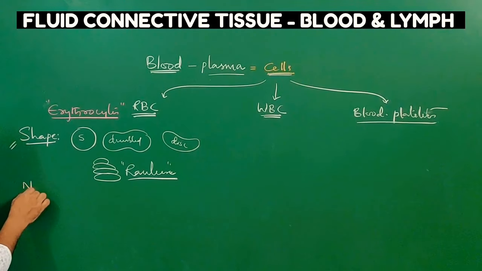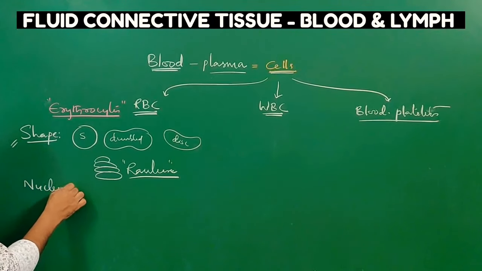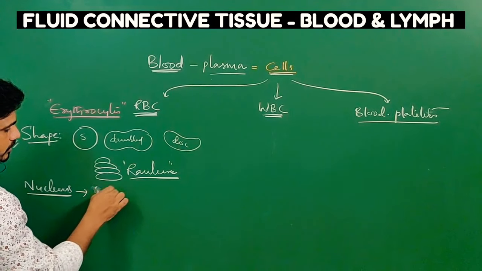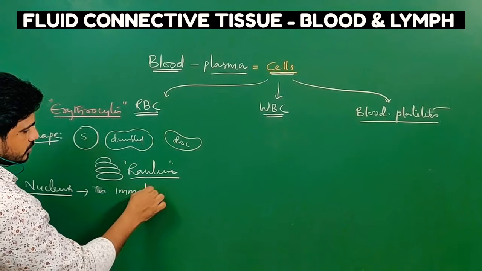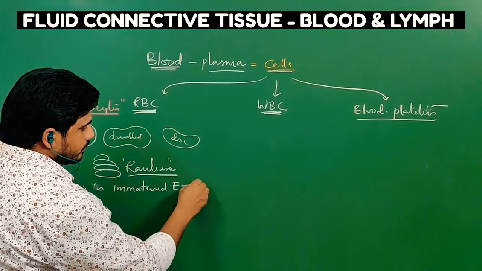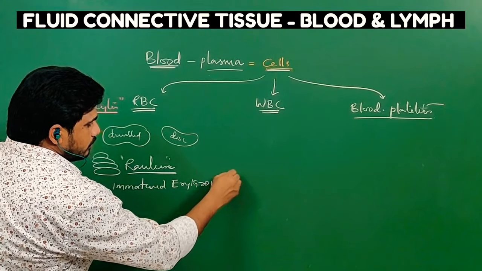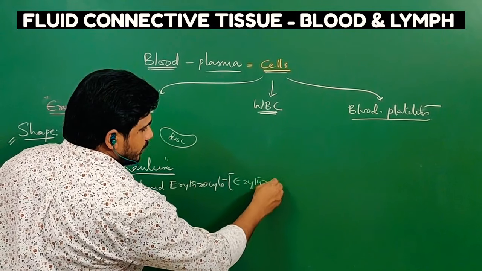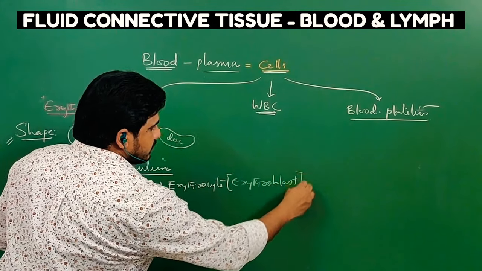Now, do they have a nucleus is the point. In immature erythrocytes, what is that stage called? Erythroblast.